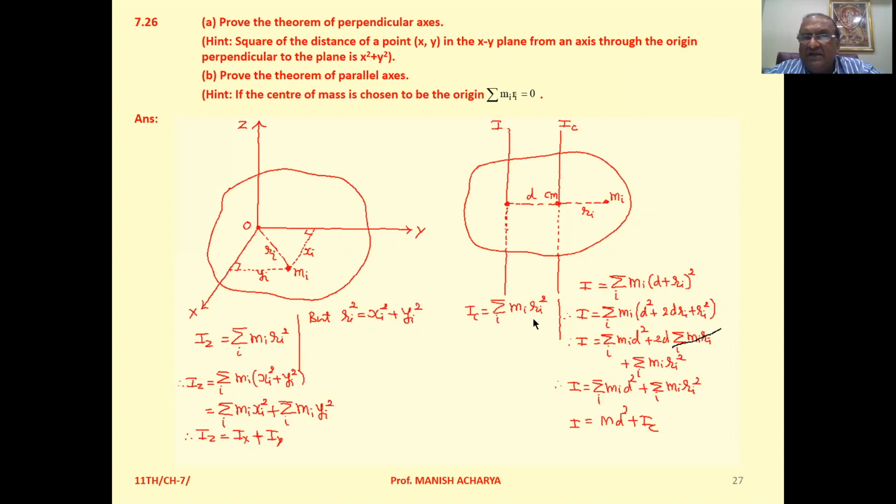But sigma i mi ri square is Ic. Sigma mi, the summation of the masses of each and every constituent particle, will give you the total mass of the body. So I is equal to Ic plus M d square. Parallel axis theorem proved. Clear?